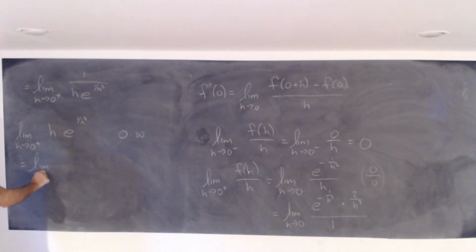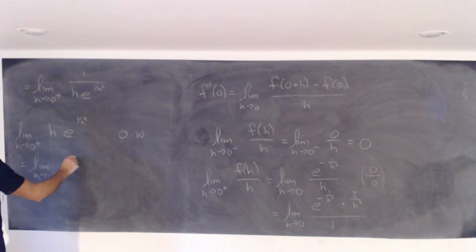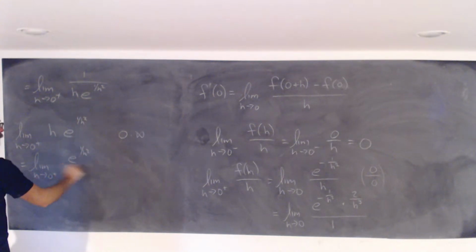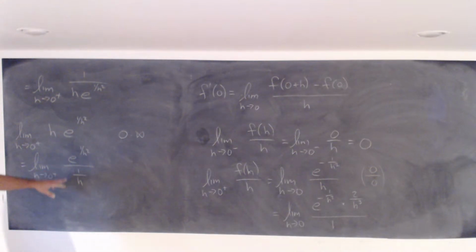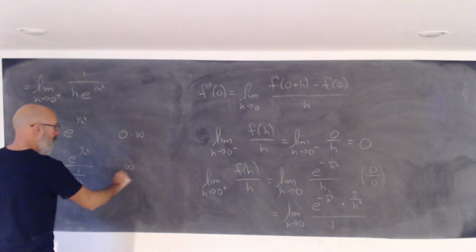I feel that we're going to be running around in circles here. e to the 1 over h squared over 1 over h, the typical trick. And this now has the form infinity over infinity.